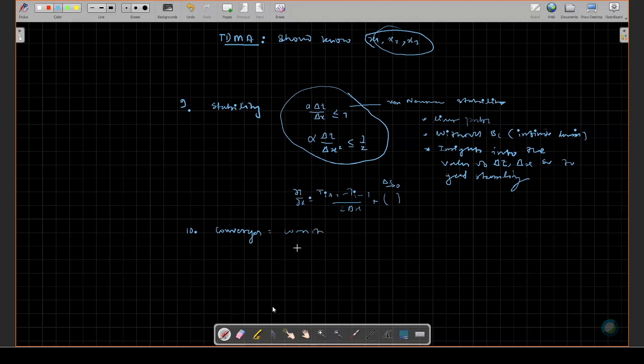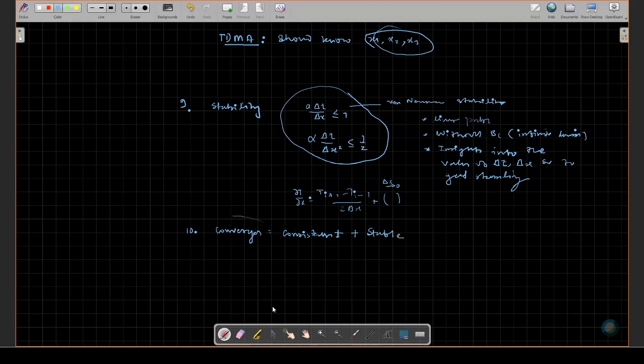If it gives you this expression when delta x goes to 0, then it is a consistent scheme. So you should have a consistent scheme, and you should have the sufficient condition, stability. It should be stable.